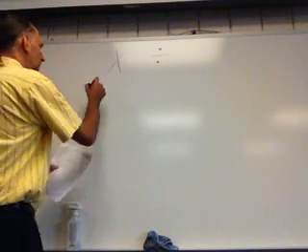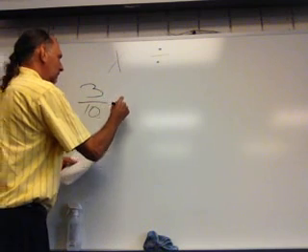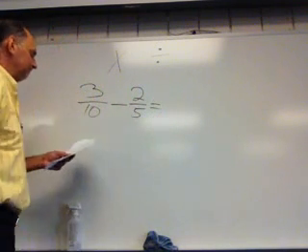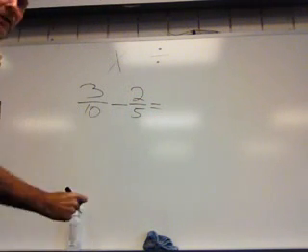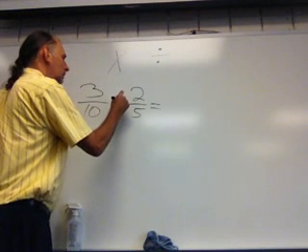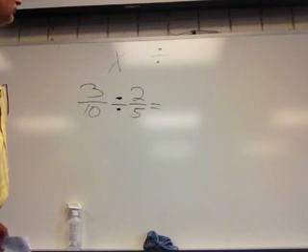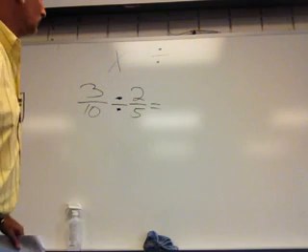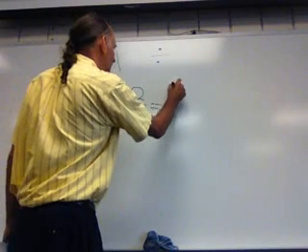Let's say, for example, 3/10 divided by 2/5 equals something. When you're dividing, what you do is you keep the first number the way it is.